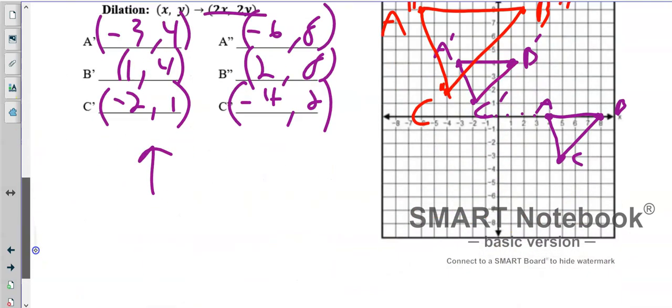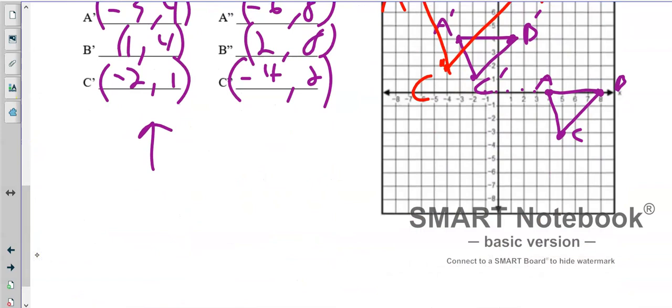Okay, I think I miscounted. Oh, there's my problem. I put the point here at (5, -3) instead of (6, -3). I made a boo-boo. So that should have looked like that. Therefore, when I move 7, this should have been up here at -1. So this should be -1. And when I multiply by 2, that should be -2.